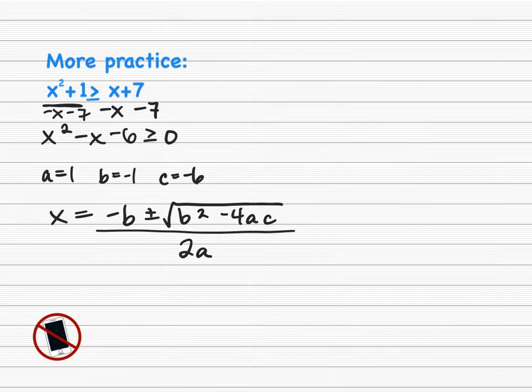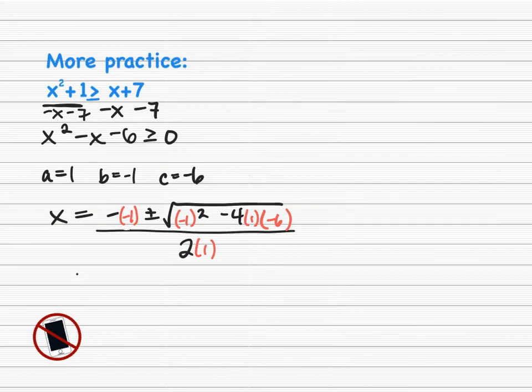So I'm going to take out all of my a values, and I'm going to plug in 1. I'm going to take out all of my b values. Note that the negative stays there, and I'm going to plug in -1. Then I'm going to take out my c, and I'm going to plug in -6.